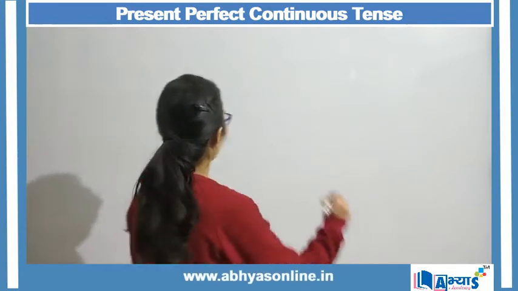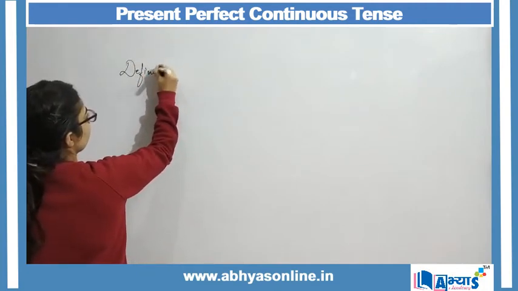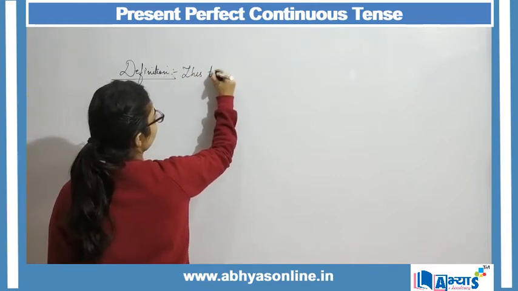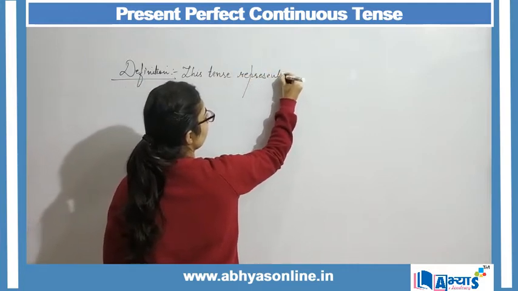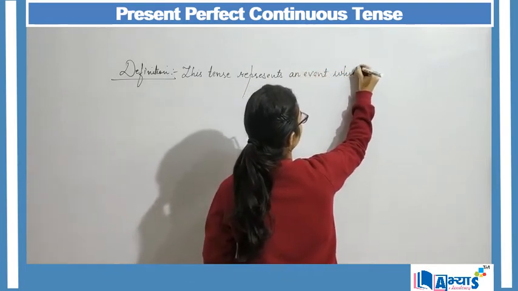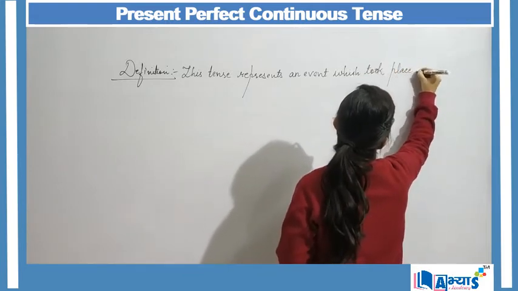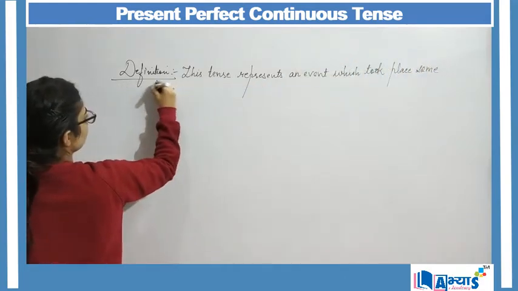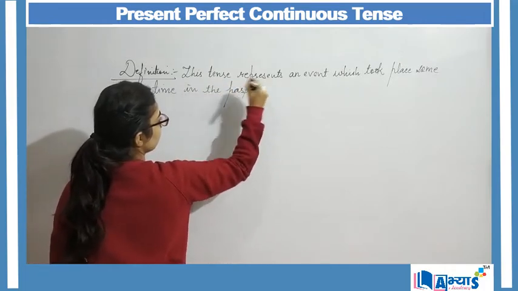So the definition of present perfect continuous is that this tense represents an event which took place sometime in the past, right?